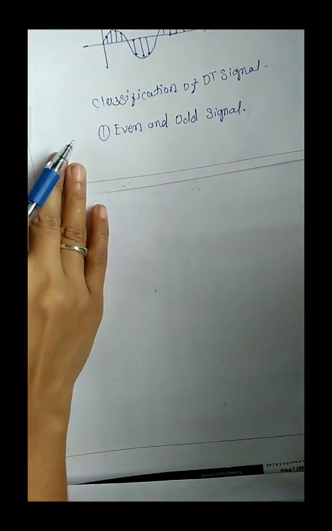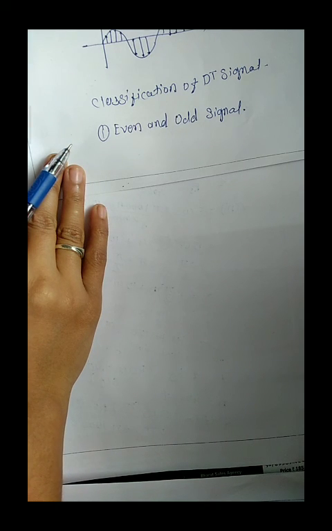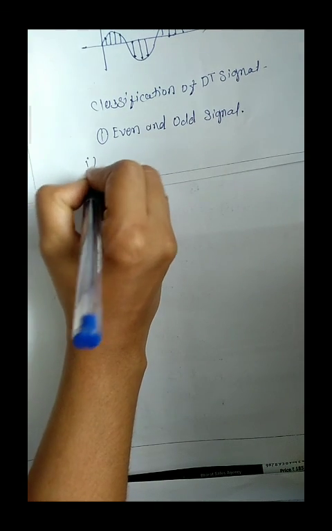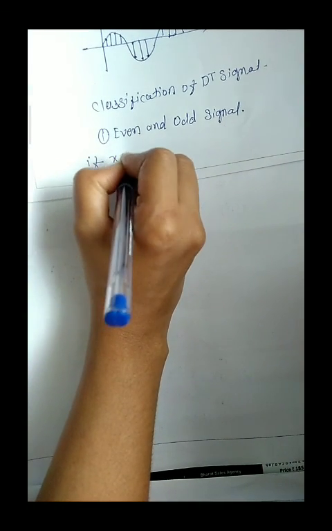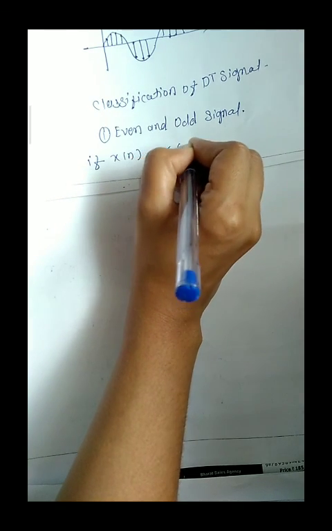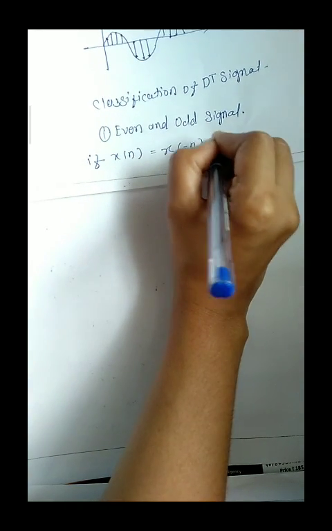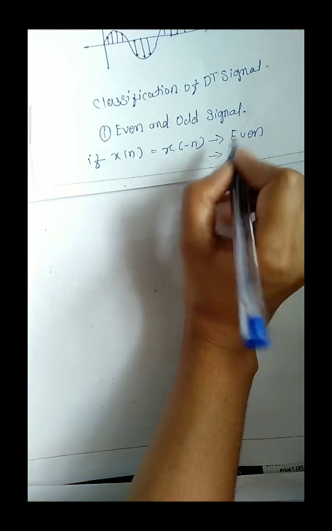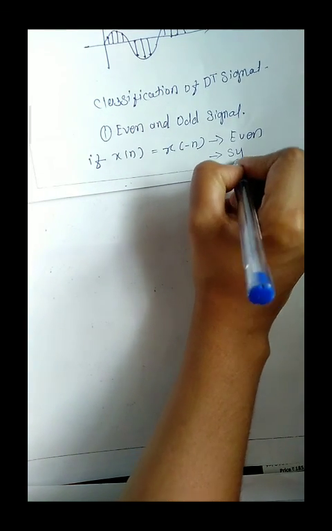What can we say about an even function? Even means symmetric function. If x of n is equal to x of minus n, the signal is said to be even or symmetric.